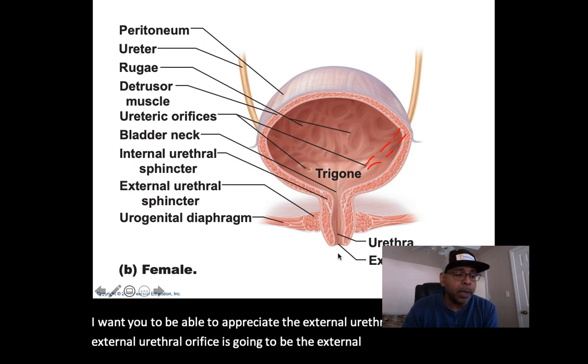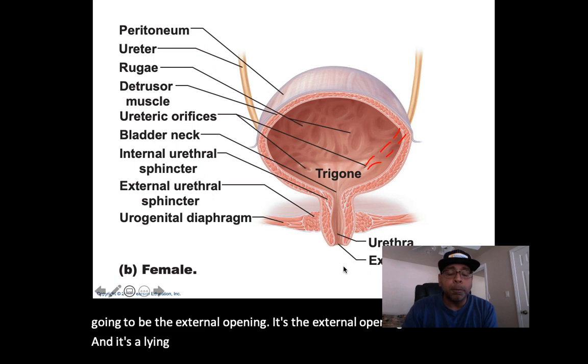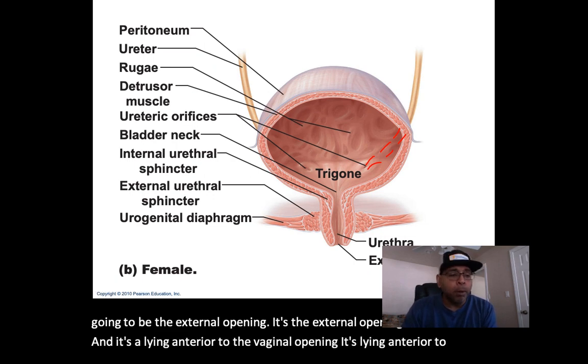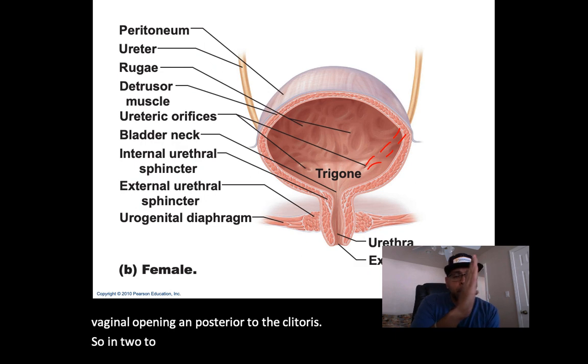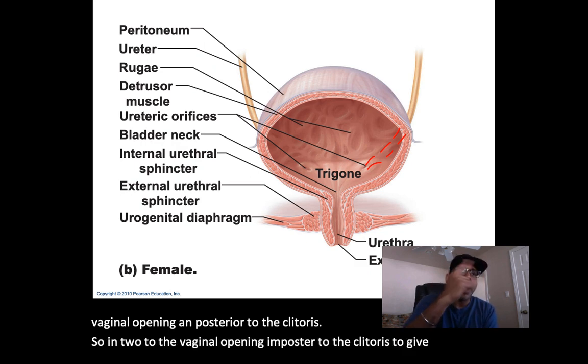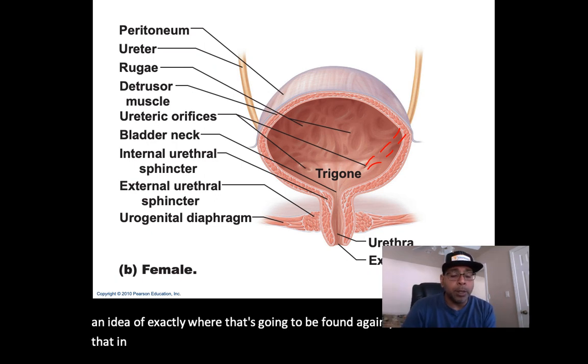It's lying anterior to the vaginal opening and posterior to the clitoris, to give you a full idea of exactly where that's going to be found. Again, you'll be able to see that in the next video when we get into reproductive.